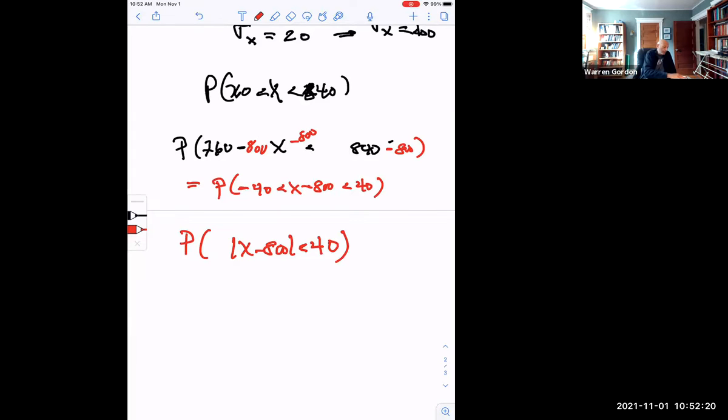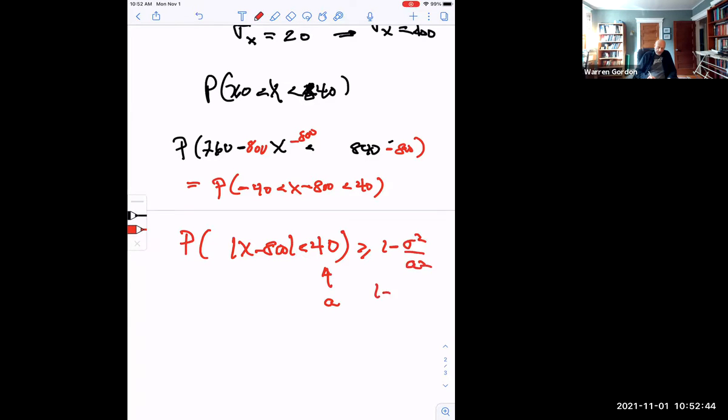Now, this looks pretty much like Markov's theorem, where this corresponds to A. According to the theorem, this is greater than or equal to 1 minus sigma squared over A squared.